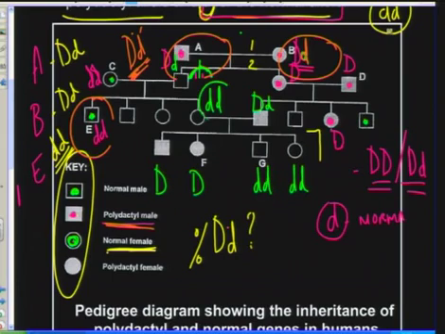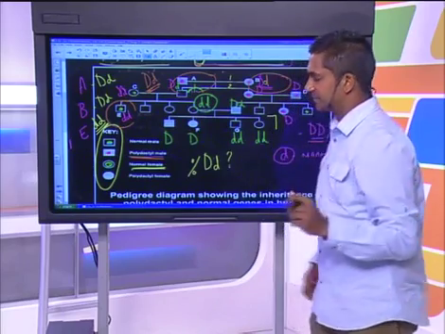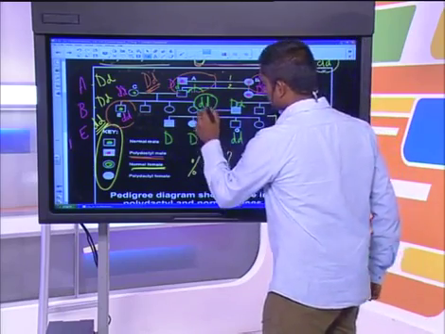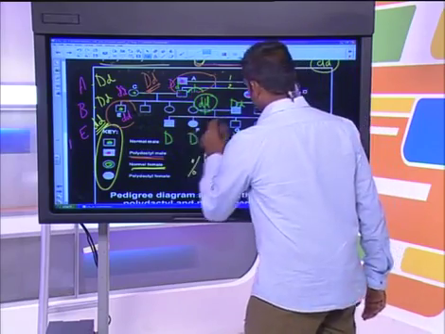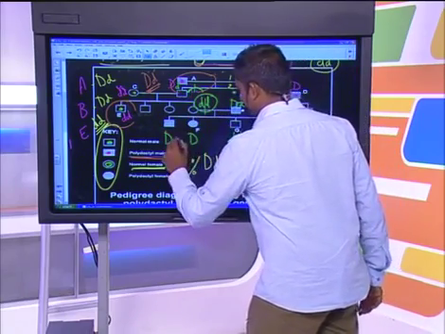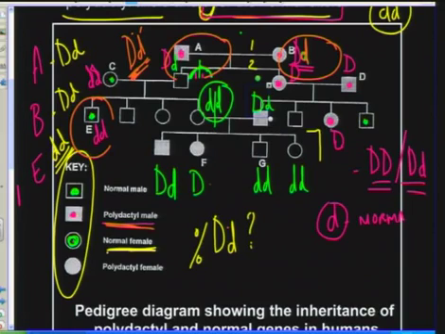So we have to ask ourselves a question. If the mother is homozygous recessive, it simply means that she can only contribute a small d to each of the offspring. So the capital D comes from the dad, and the small d has to come from the mother. What is the percentage of the offspring being homozygous or heterozygous?